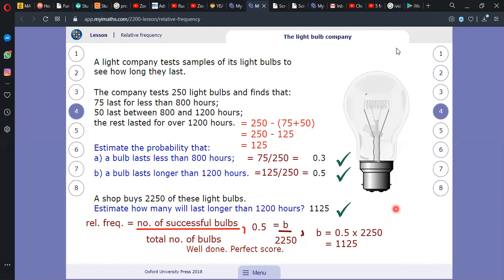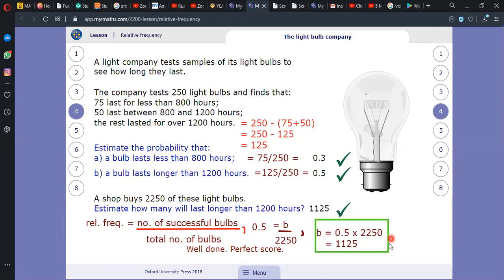Now, I want us to focus on what happened over here. Do you realize that 0.5 is the relative frequency or estimated probability, 2250 is the total number of bulbs, and B is the expected number of successful bulbs?